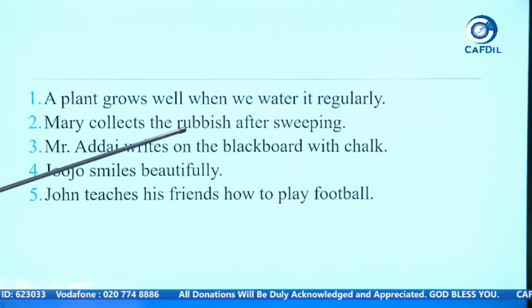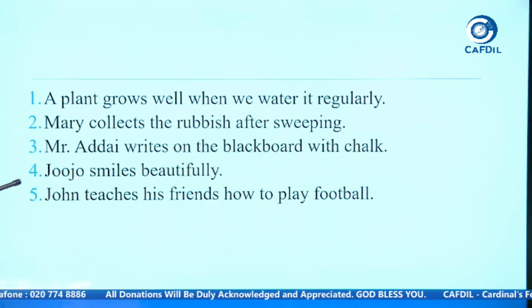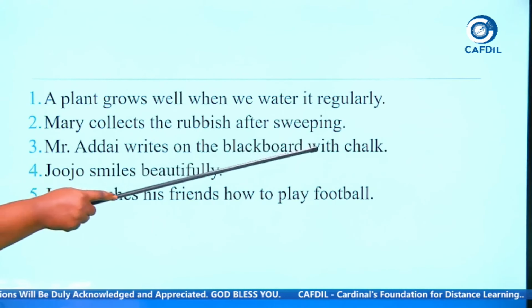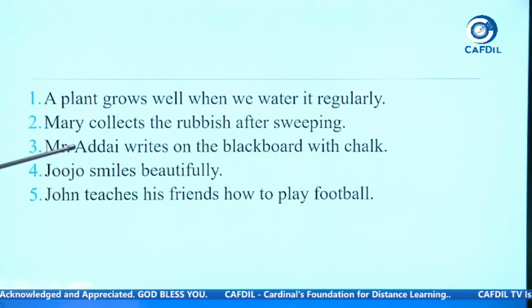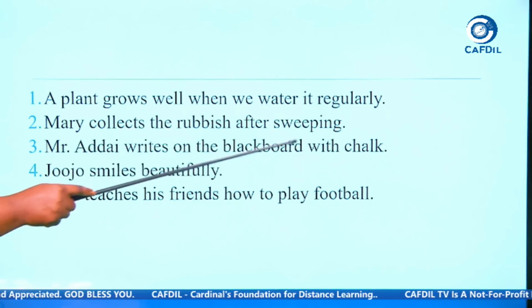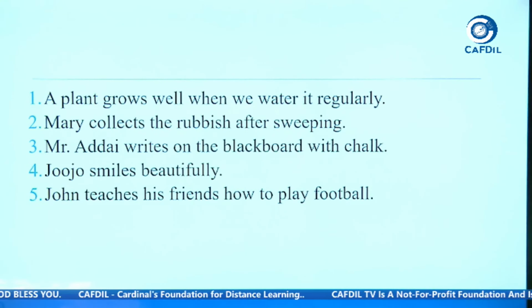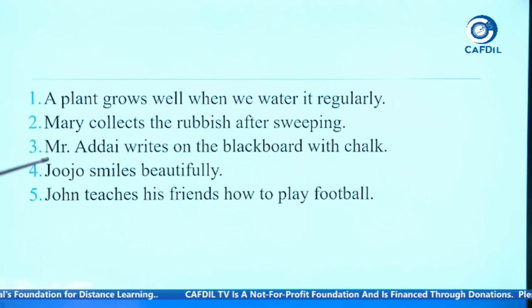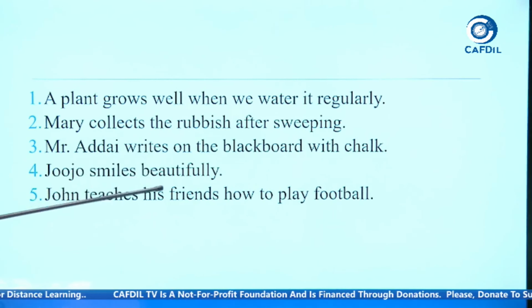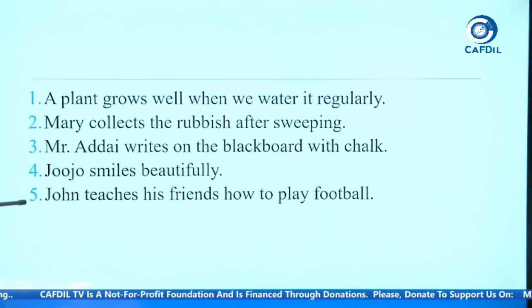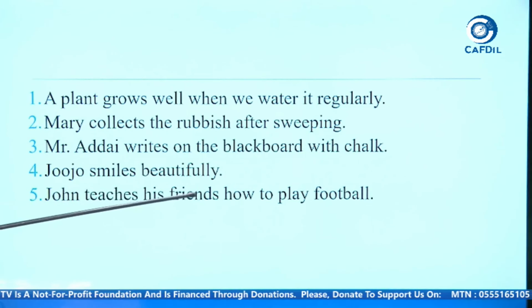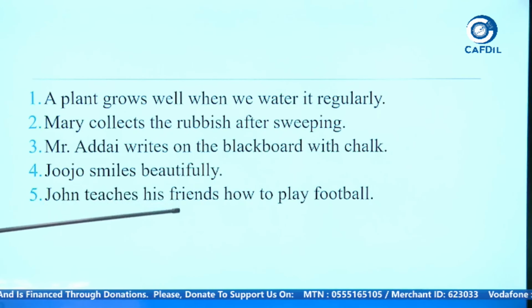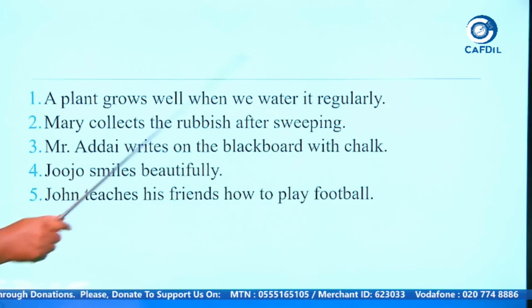Mr. Ajay writes on the blackboard with chalk. Jojo smiles beautifully. John teaches his friends how to play football.